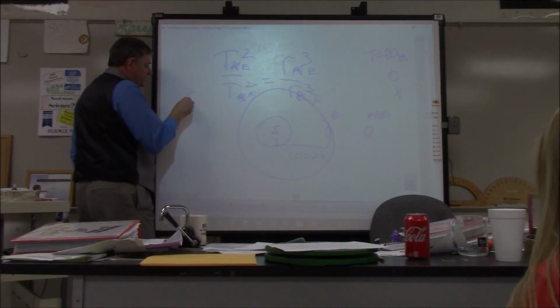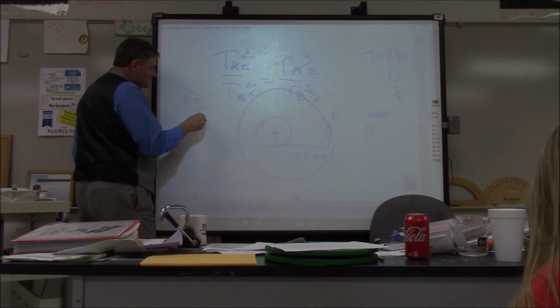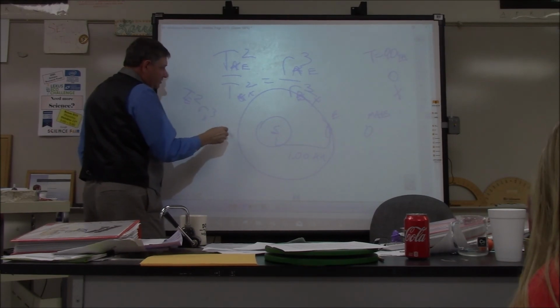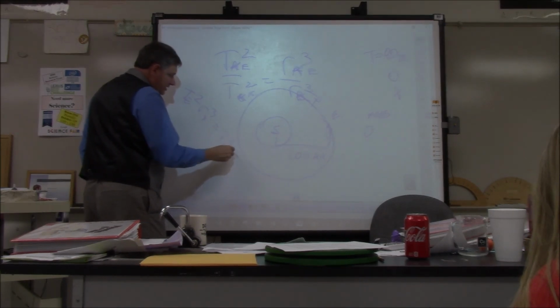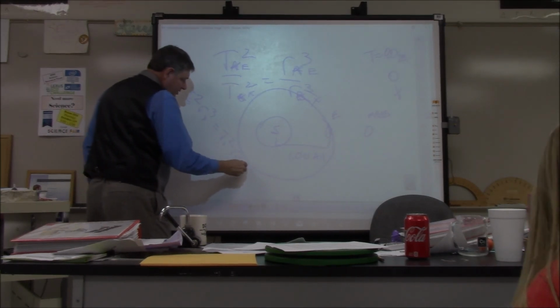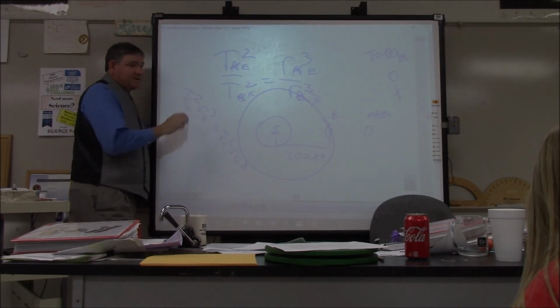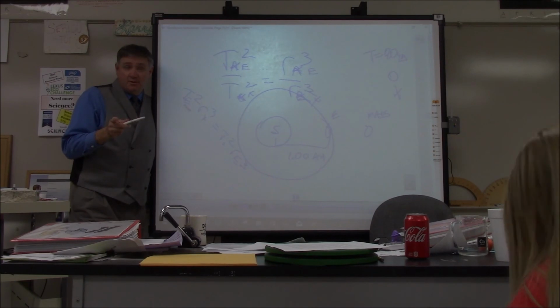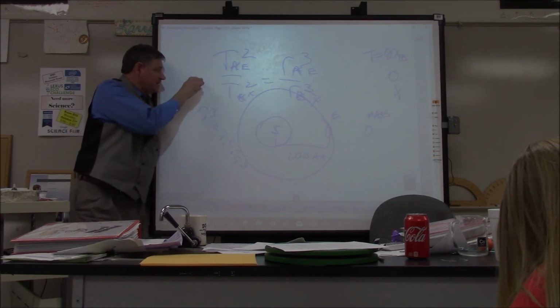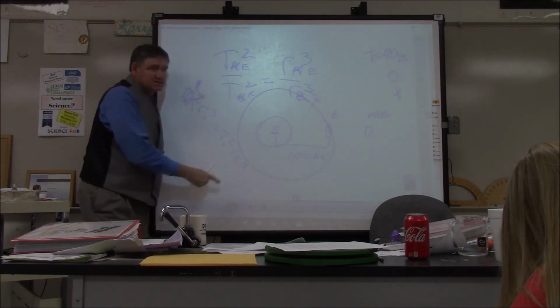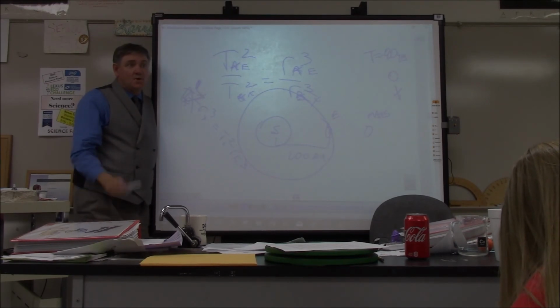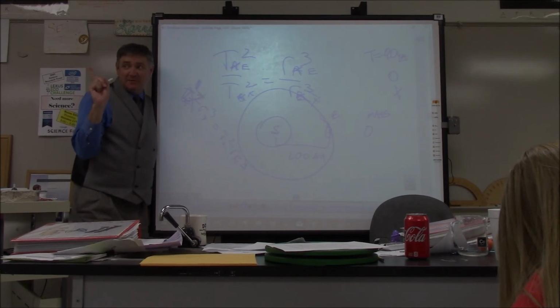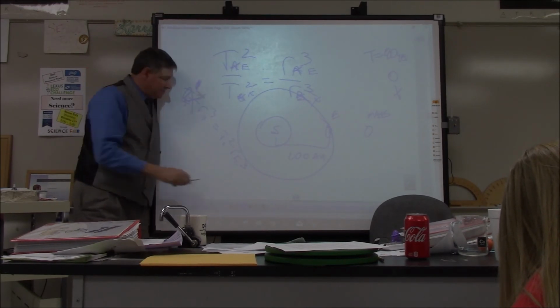So you got period of the Earth squared, radius of x cubed equals period of x squared, radius of Earth cubed. Now here's the beauty. What's the period of the Earth? 1 year. What's 1 squared? 1. So that just becomes 1. What's the radius of the Earth? 1 astronomical unit. 1 astronomical unit cubed is 1.